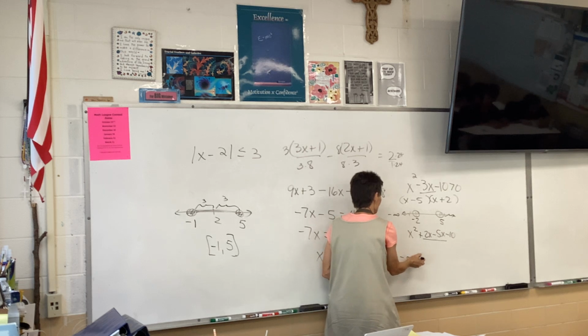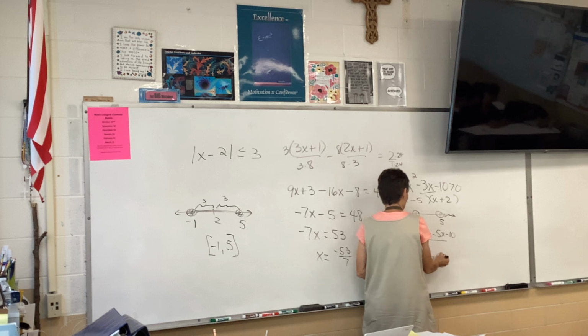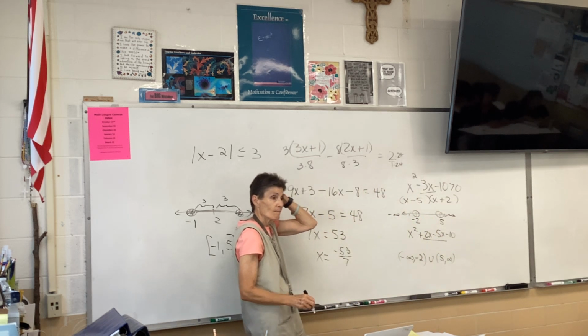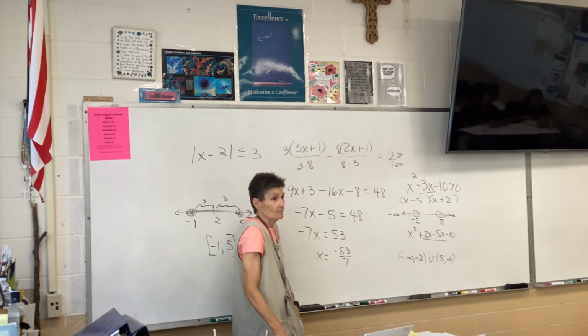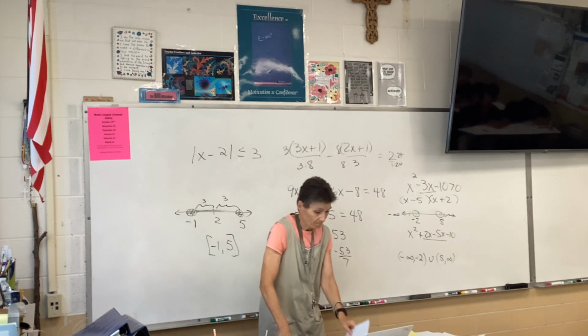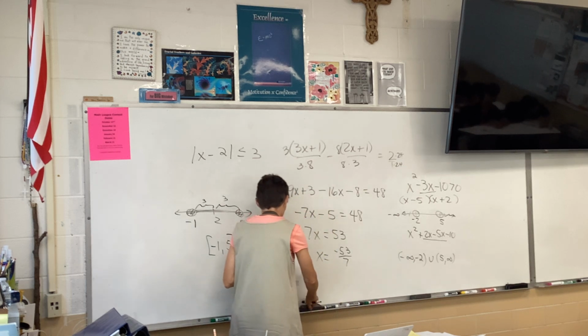So -infinity to -2, or 5 to infinity. What do you think? Emergency pass is right there. Okay? All right. Not bad.